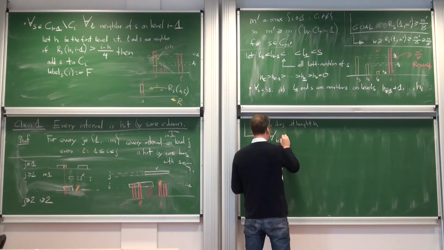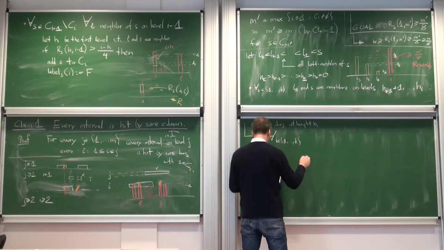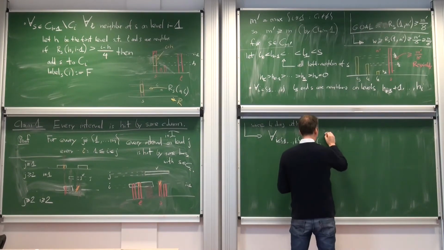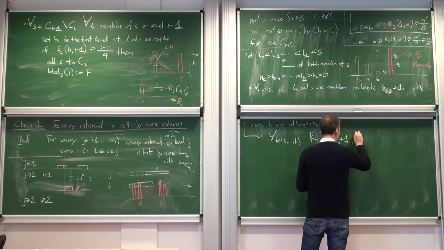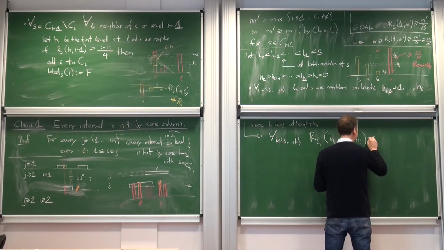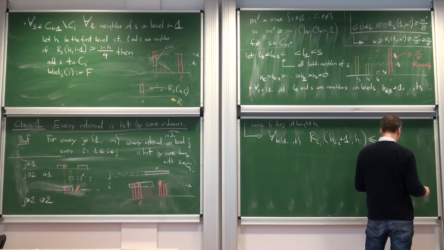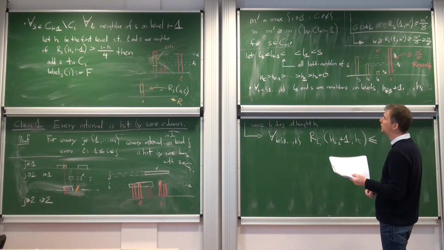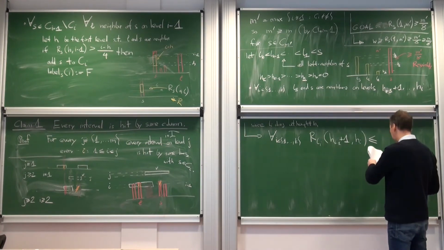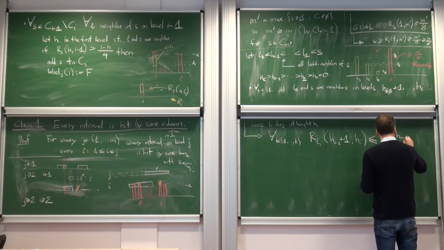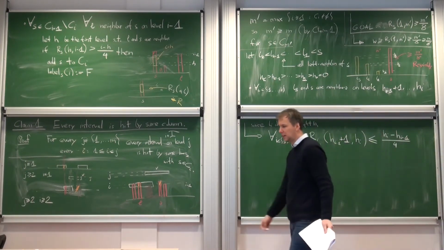So for every i from 1 to k, the number of R's in Li that is between h(i minus 1) plus 1 and hi is less or equal, because in the rule we had the greater or equal sign, so this should be less than or equal to hi minus h(i minus 1) over 4. Okay, let's try to explain that.